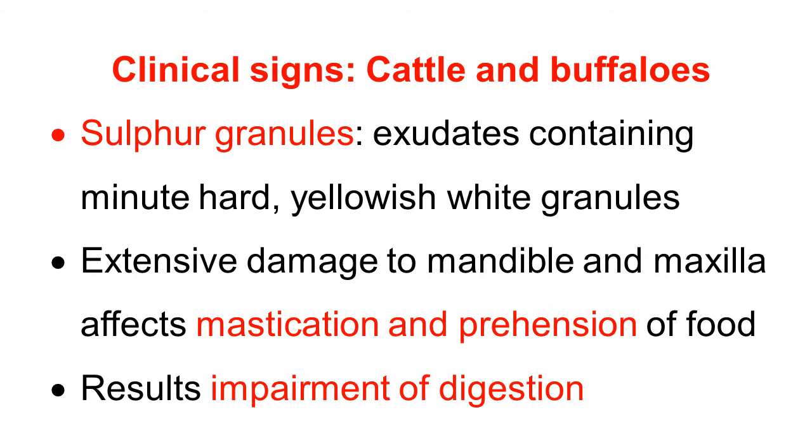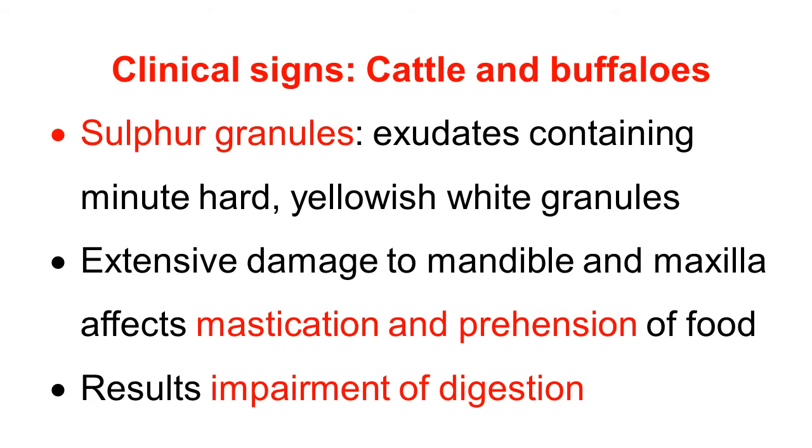Clinical signs in cattle and buffaloes. Clinicians, remember that sulfur granules are the diagnostic feature of actinomycosis. What are sulfur granules? The exudate that is coming out from the pus contains minute, very small, hard, yellowish-white granules.